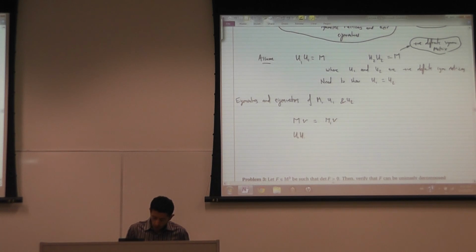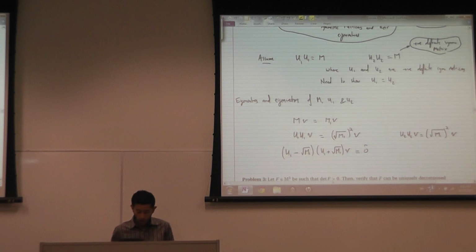Which means that U1 V is equal to the square root of M1 squared V. And U2 V is equal to the square root of M1 squared V. So (U1 minus the square root of M1)(U1 plus the square root of M1) V is equal to the 0 vector, and (U2 minus square root of M1)(U2 plus the square root of M1) multiplied by the vector V is equal to 0.